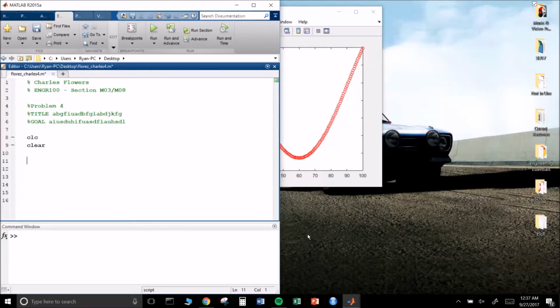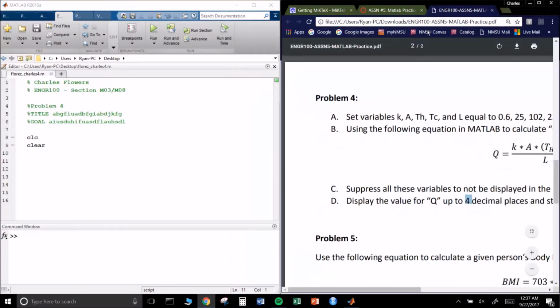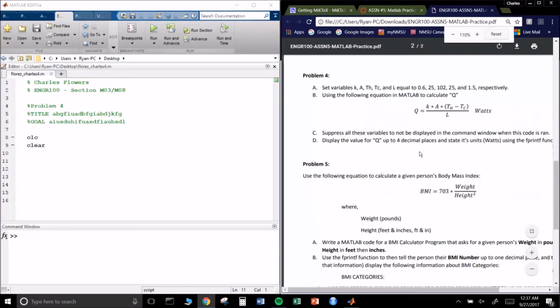But now what we can do is go ahead and set all of our stuff.